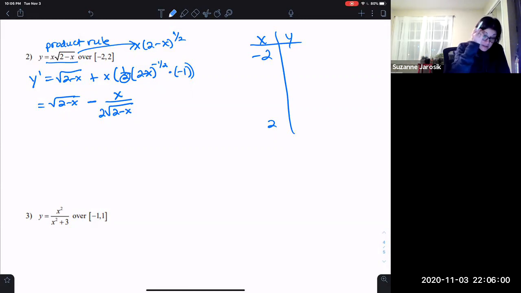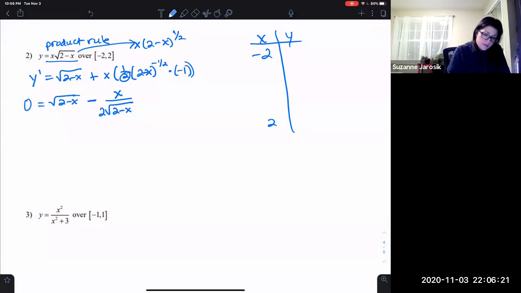All right, so clearly I think you can see that you're undefined when x is 2, so that's already a critical point. It's an endpoint, so we don't have to obviously put it down again, but we need to figure out if we're equal to 0 anywhere. So let's go ahead and simplify this a little bit. If we are equal to 0, what's the easiest thing to do?